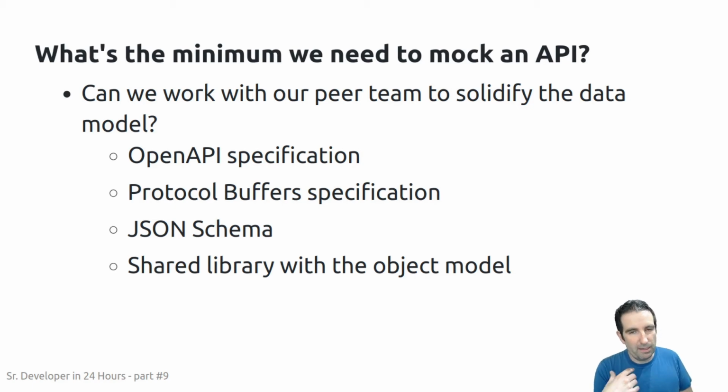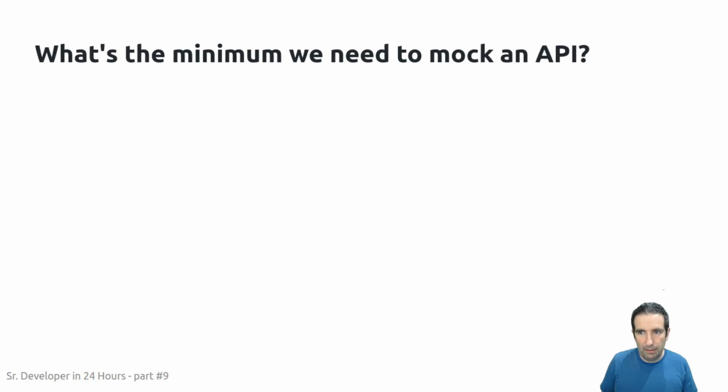This is what the API is going to expose. Sure, the API is still not fully implemented, but at least it will make it easier for us to mock the API and write code that will depend on that API whenever that API is ready. So, if we have that data model, makes things a lot easier.